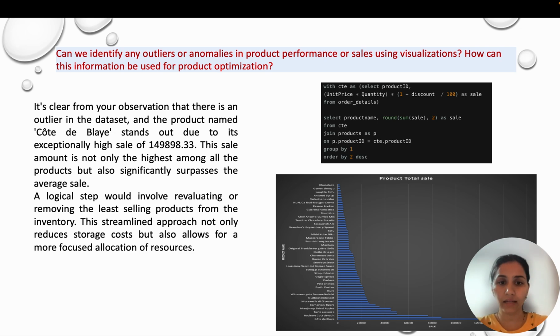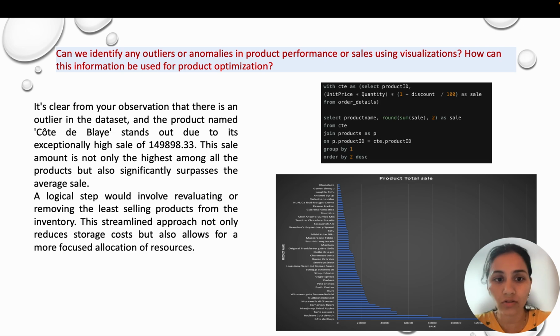After creating the visualization, we can see that there is only one product whose revenue is much higher than the average revenue of all the products. For the rest, the difference between the average and the highest is very large.